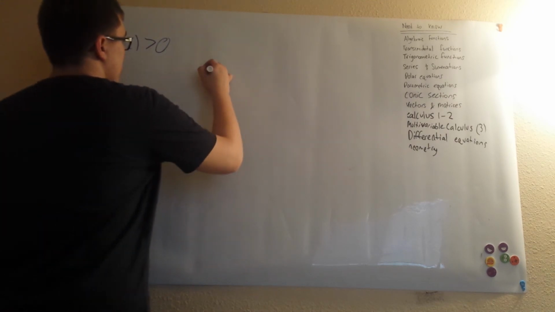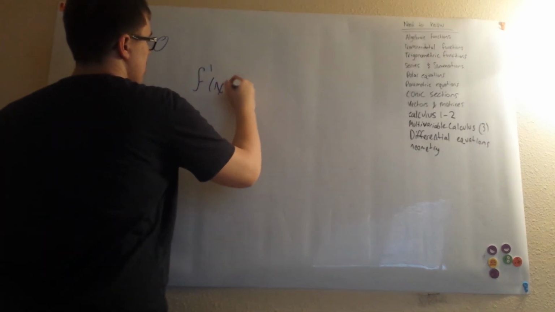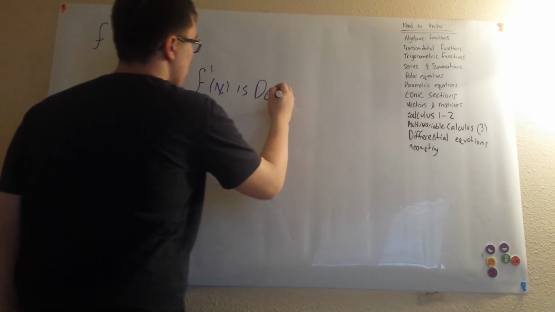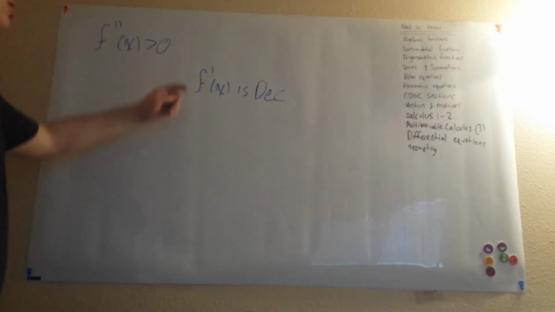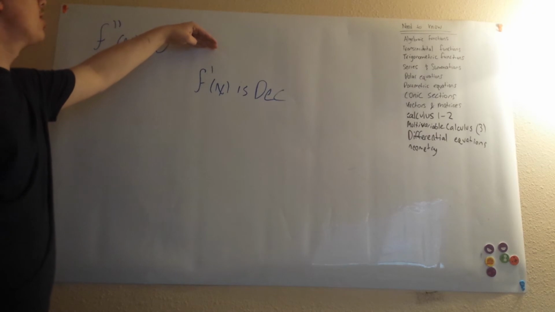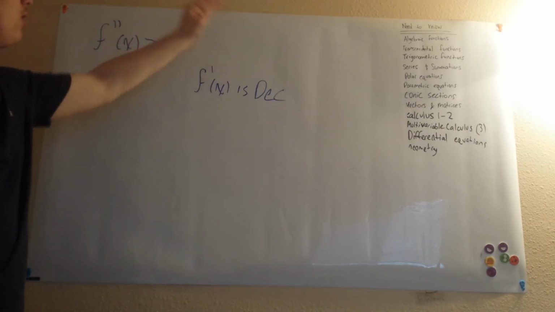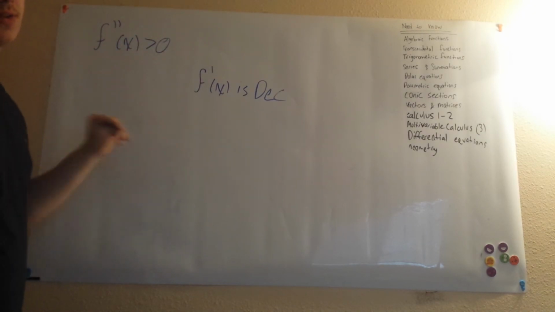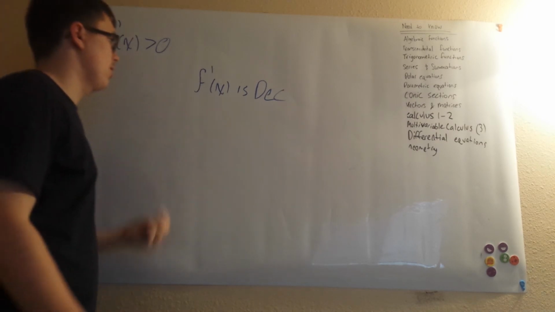What if we had f prime of x decreasing? Then we know f double prime of x is less than 0, and f of x is concave down.